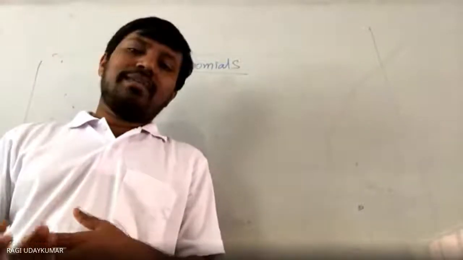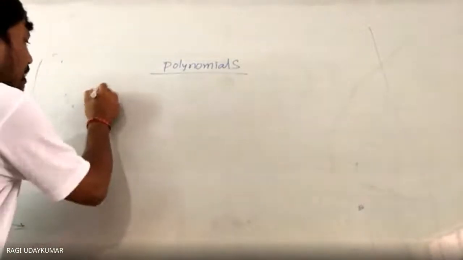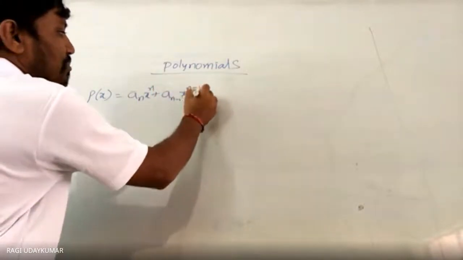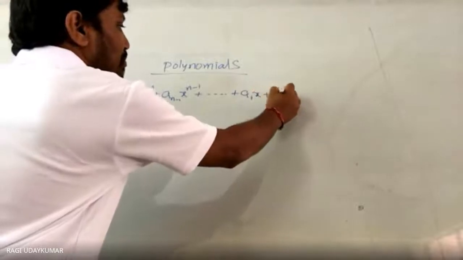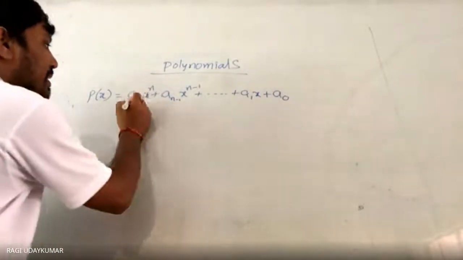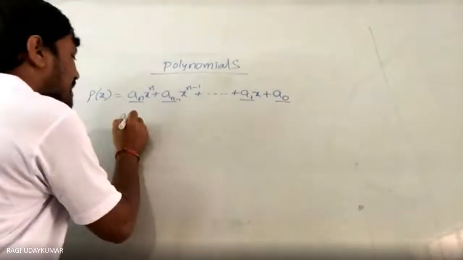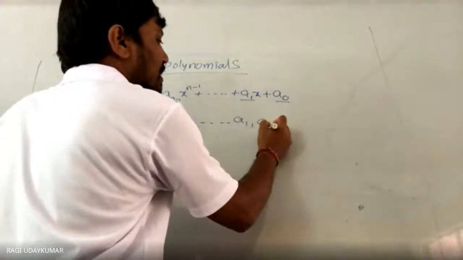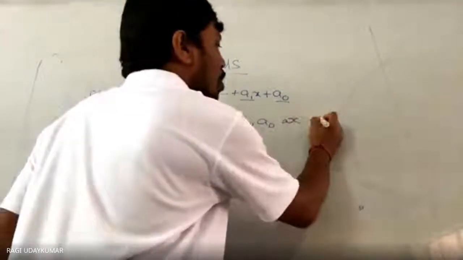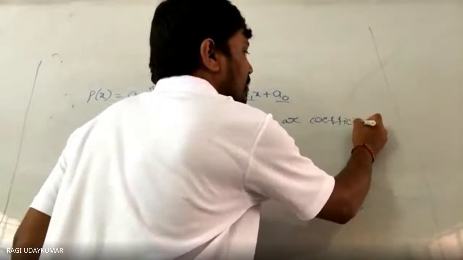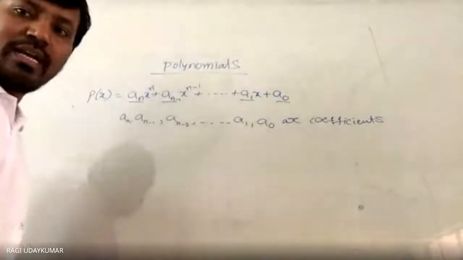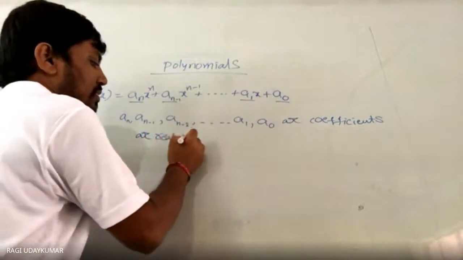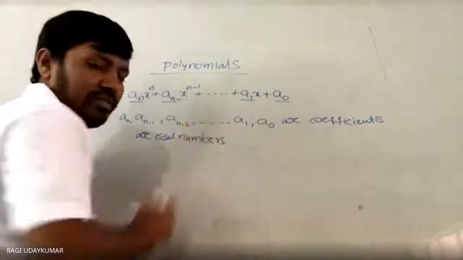The general form of the polynomial is p of x equals a_n x to the power of n plus a_(n-1) x to the power of n minus 1, and so on, plus a_1 x plus a_0, where a_n, a_(n-1), and so on down to a_1, a_0 are called coefficients, and they are all real numbers.